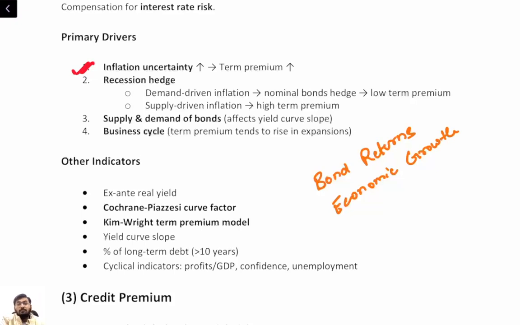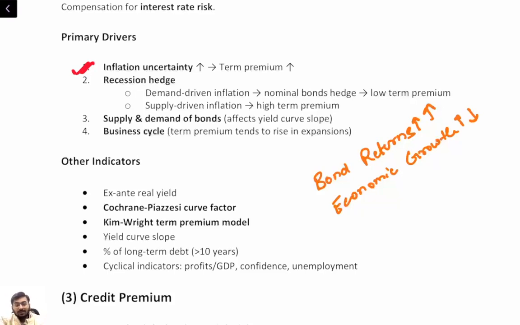Now, they can be positively correlated or negatively correlated. Positively correlated means they both are going up together. Negatively means one is going up and the other is going down, or vice versa. They can move in the opposite direction or in the same direction.